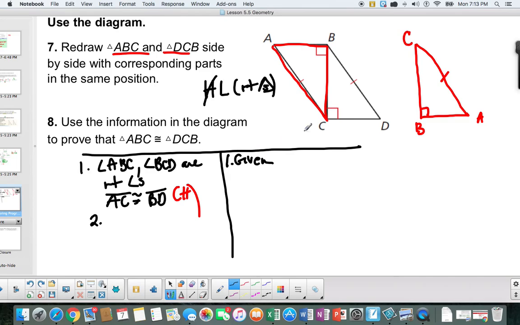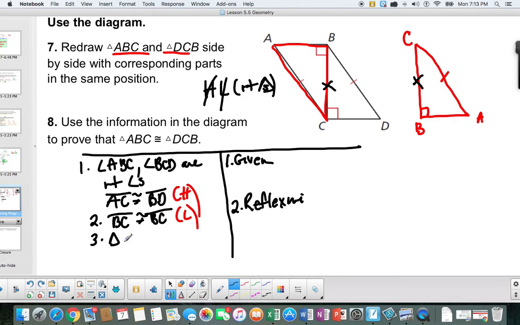Now two, you can see that they're sharing this BC. So BC is being shared by both of them. So I'm going to say BC is congruent to BC. That's going to be a leg, and that's going to be reflexive. Okay, so I have the L. Now the last thing to show is that I have right triangles.